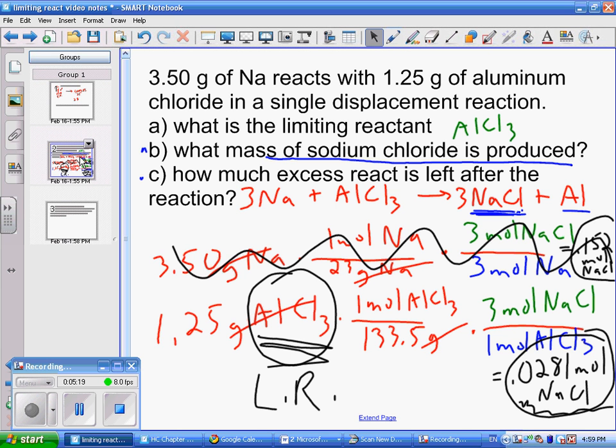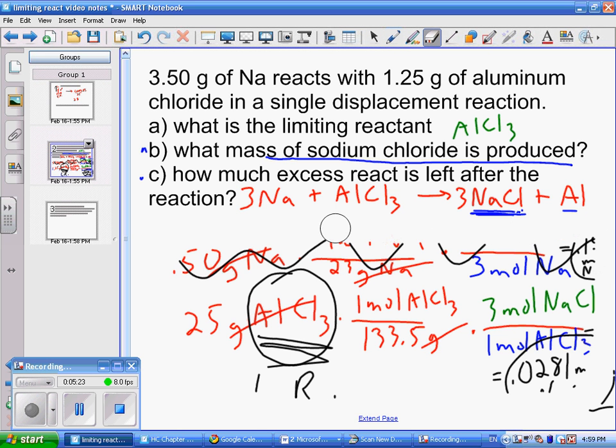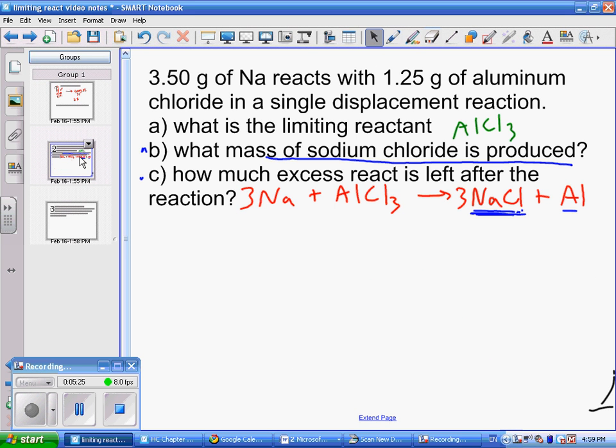Letter B. Let me erase this and make some room. Okay, letter B says, what is the mass of sodium chloride? Well, we ended with 0.0281 moles of NaCl. So all I got to do now is convert to mass.